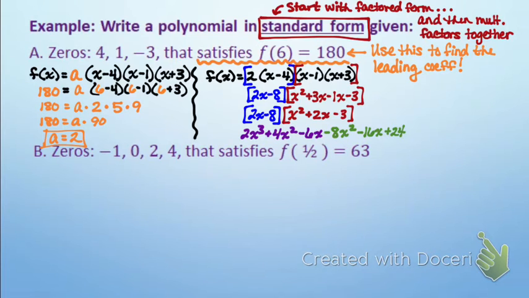So far, so good? Last thing I need to do is combine any like terms together to finish simplifying this and write my final answer. So I have f of x equals, what would my leading term be? 2x cubed. How many x squareds do we have?